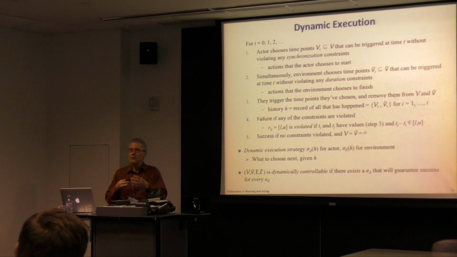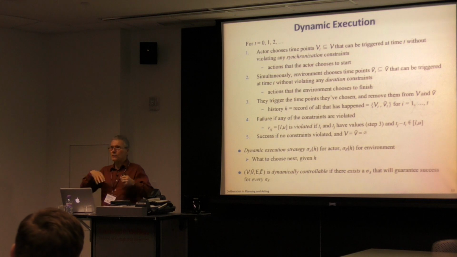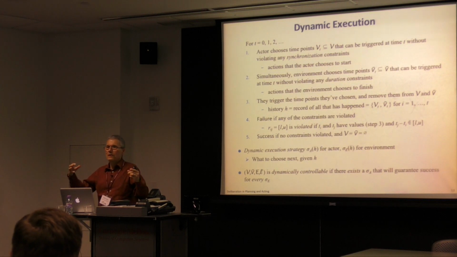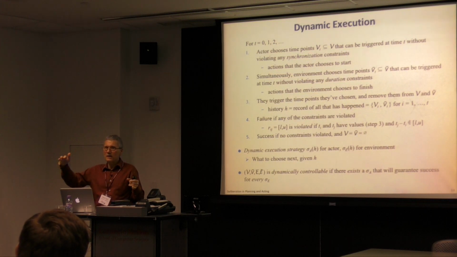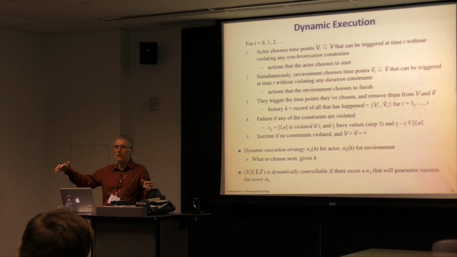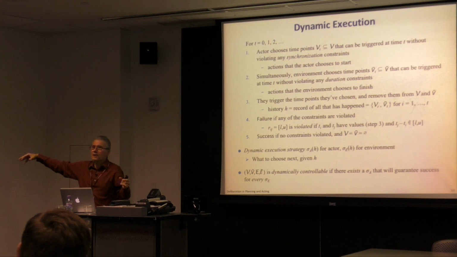All right? What the environment is going to do as your opponent is it is going to try to choose ending times for the actions that make things not turn out. It's got to choose ending times that are within the constraints for how long these actions are going to take. But the environment might be able to do so in such a way that you can't choose starting times that will work out.